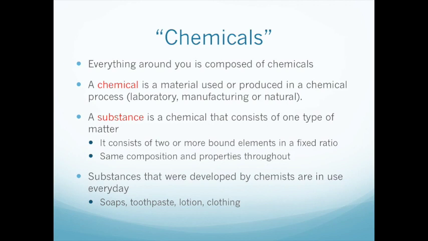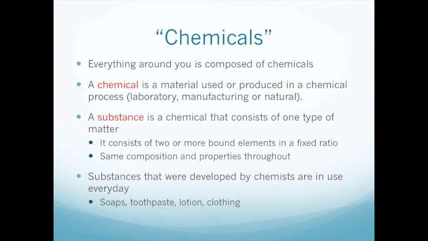So, everything around you is composed of chemicals. A chemical is a material used or produced in a chemical process, whether by laboratory, manufacturing, or natural processes. And a substance is a chemical that consists of one type of matter. We sometimes call this a pure substance.